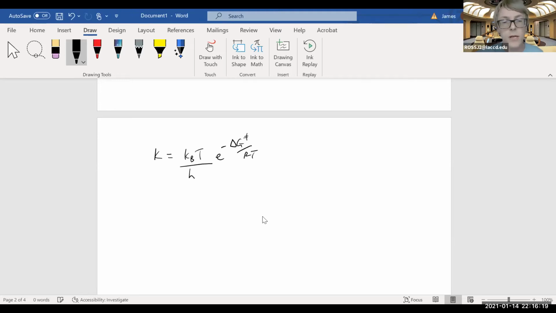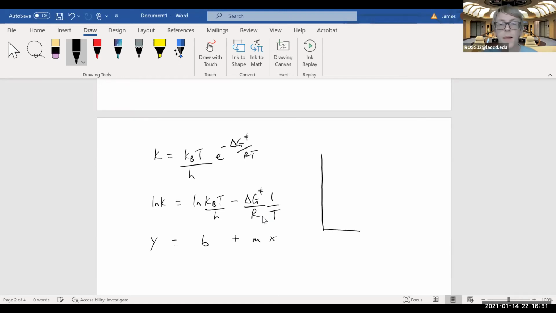Just like the Arrhenius equation, if I log it, I could have log k is log k_B T over h minus Gibbs free energy over R times 1 over T. And there you would have y is b plus mx. So you'd have a negative slope, which would be minus Gibbs free energy over R.